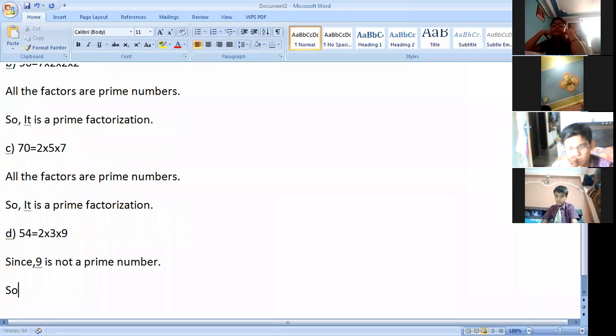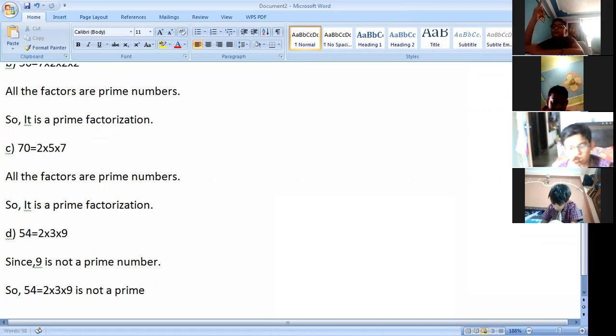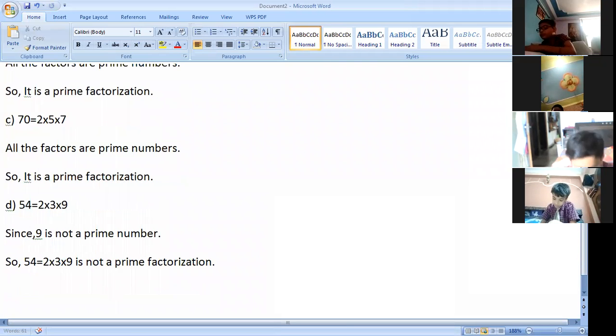So 54 is equal to 2 multiply 3 multiply 9 is not a prime factorization. Clear? In this way, you're going to do this question number 9.